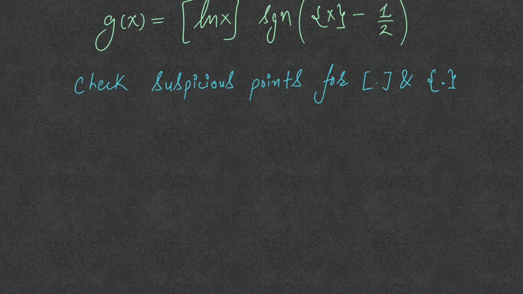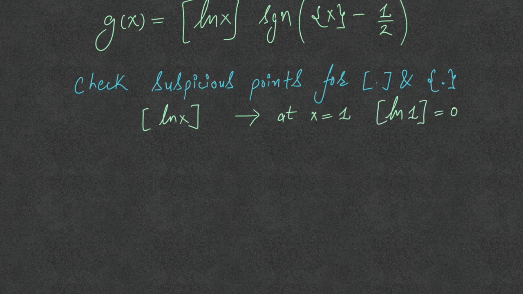Now let's check the suspicious points for the greatest integer function and fractional part function. First of all, we know that both the greatest integer and fractional part functions break whenever the input is an integer. So for the greatest integer of ln x, at x equal to 1 it becomes ln 1, and ln 1 is equal to 0, and the greatest integer of 0 is also 0.